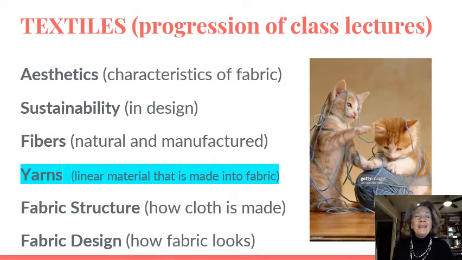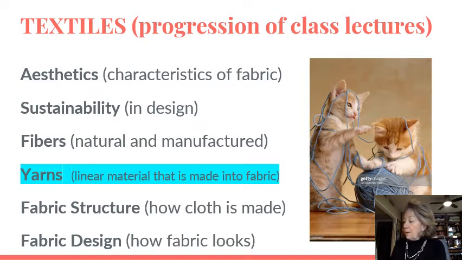So this little chart here shows us the progression of our class, where we've been, where we're going, so that you can understand the big picture of why we're talking about this in the order that we are. Of course, first we talked about the characteristics of fabric and sustainability and design, just as an introductory lecture. And then our second week we discussed fibers, all the different fibers that go into making up fabrics and making up yarn.